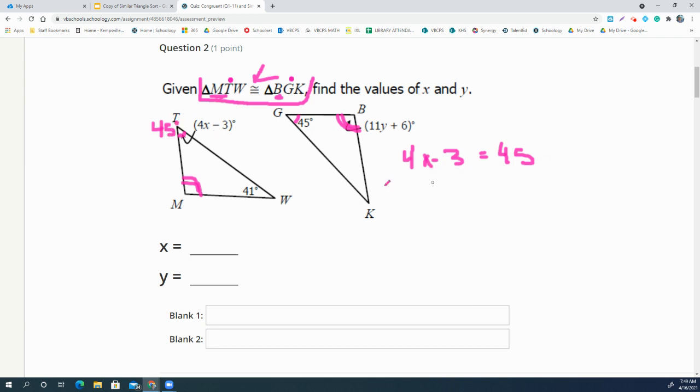Because of my equation right here. So then if I know 45 and 41, can I find M? Absolutely. So what is M if I do 180 minus 45 minus 41? What's that number in degrees? 94. So now I can set up my other equation. 11y plus 6 equals 94. Okay.